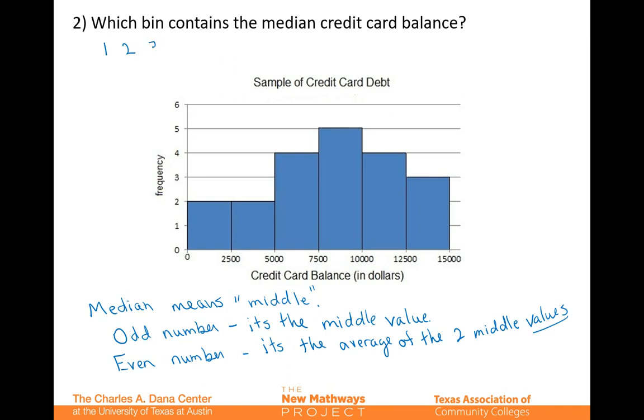1, 2, 3, 4, 5, 6, 7, 8, 9, 10, 11, 12, 13, 14, 15, 16, 17, 18, 19, 20. If you have 20 data points, these two will be the middle.